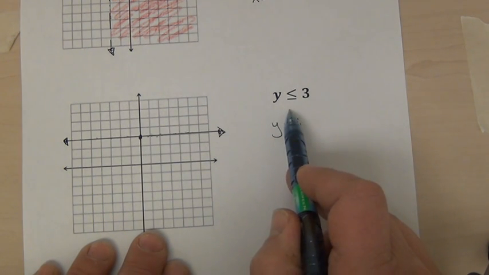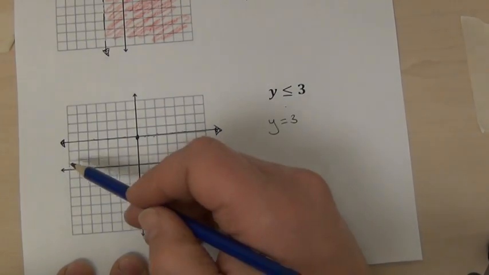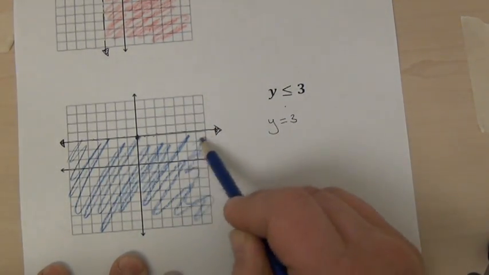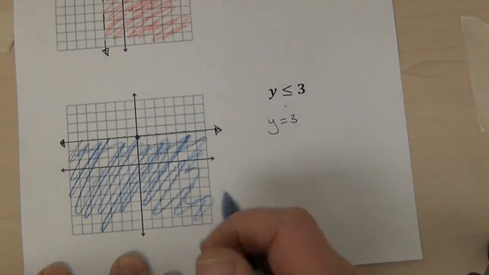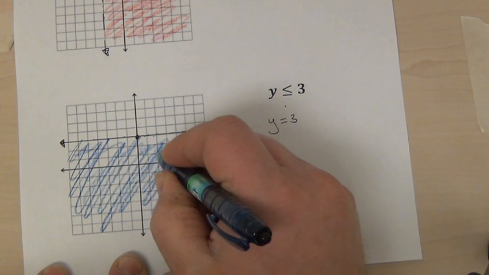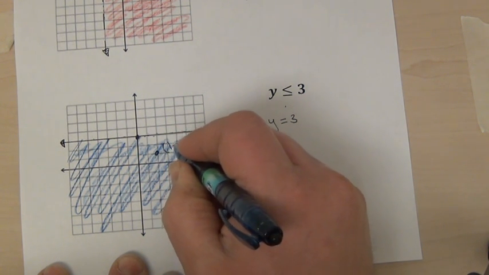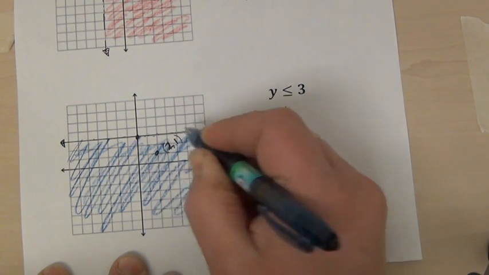And I want all the y values that are less than that. So I'm going to shade beneath. And again, anywhere I pick underneath this line, so if I pick this coordinate, the coordinate there is 2, 1.